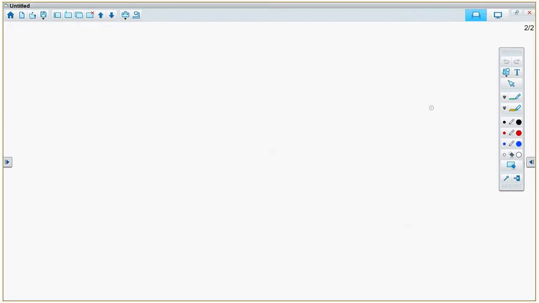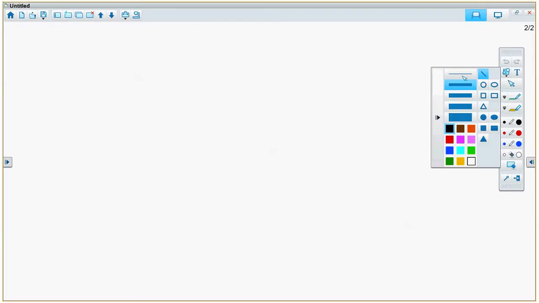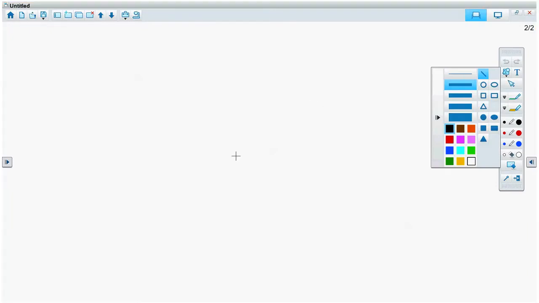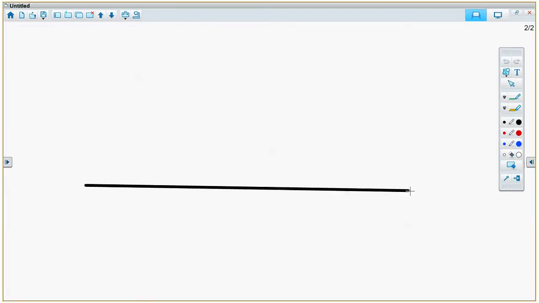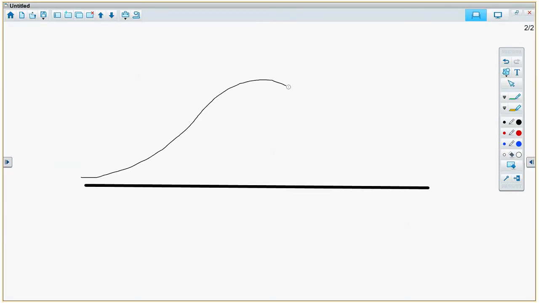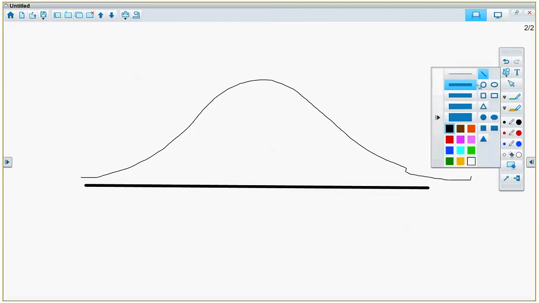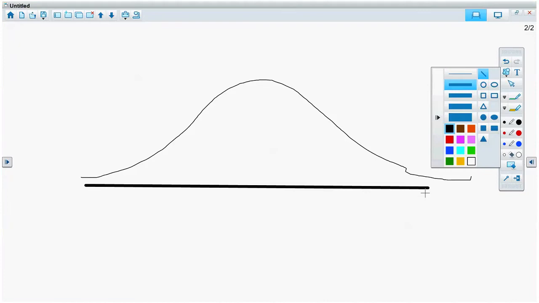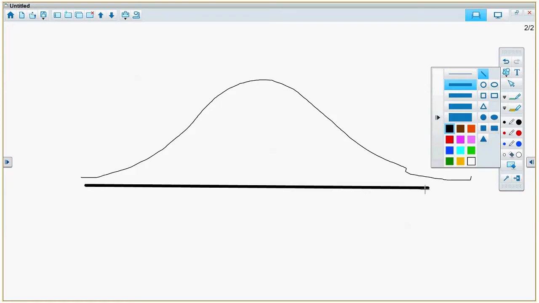Now, under the curve, you have what we call the area. The area under the normal distribution looks like so. The area under the curve is 1.